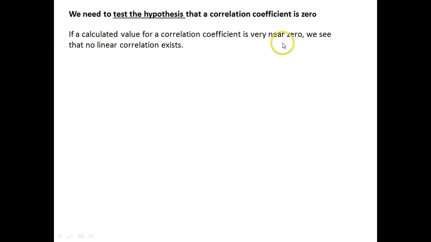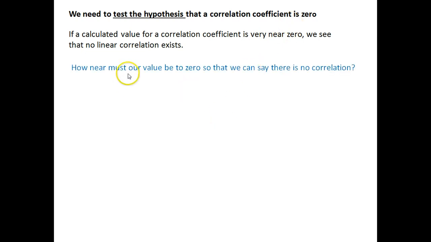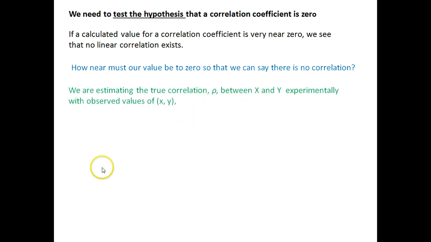So we are going to test that it's 0 against it's not. How near must our value be to 0 to say that there is no correlation? We are estimating the true correlation rho between x and y experimentally with observed values of little x, little y.